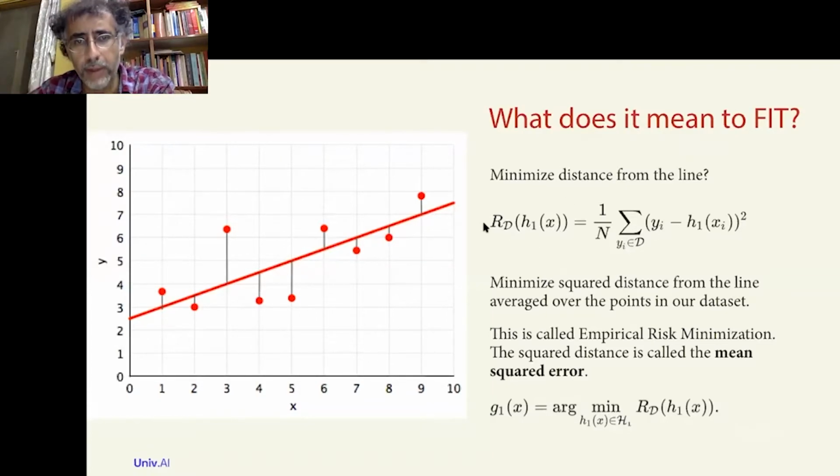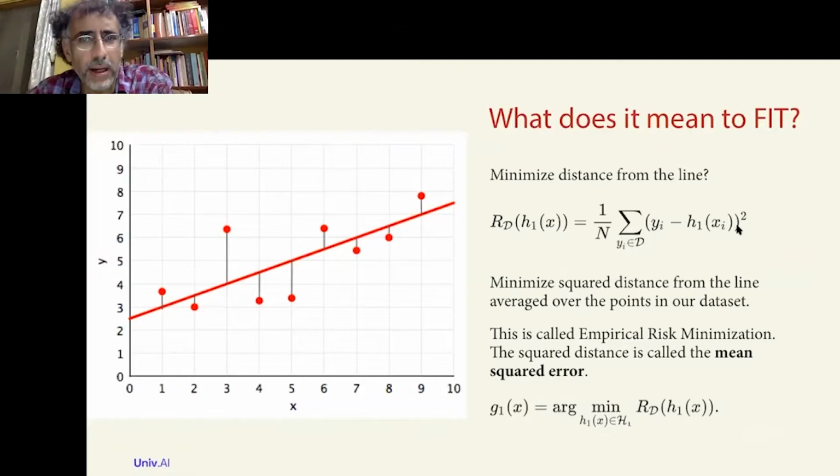It's saying R, the risk or the error on this data set D as a function of some hypothesis H, right? So we have some hypothesis H which belongs to the set of all possible straight lines, the capital H1, so to speak. And this is the error associated with it.